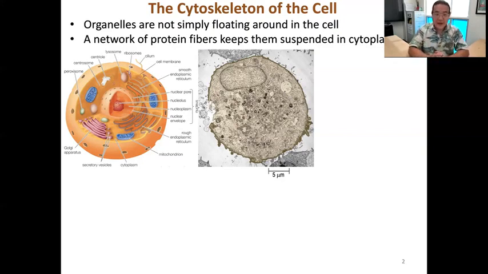I think one thing that we haven't really appreciated, though, is that all of these complex structures, organelles inside of the cell, it's easy to imagine them just kind of floating around, kind of bumping into each other.